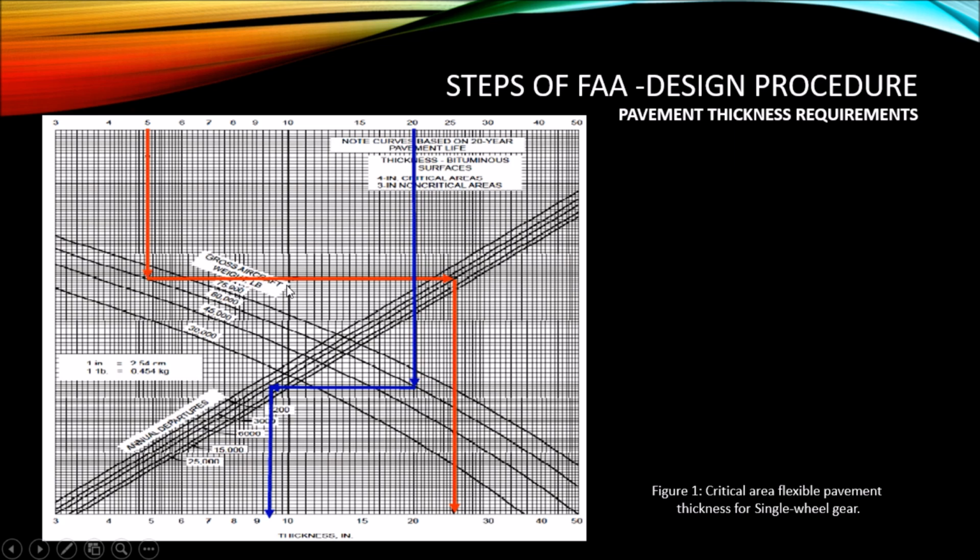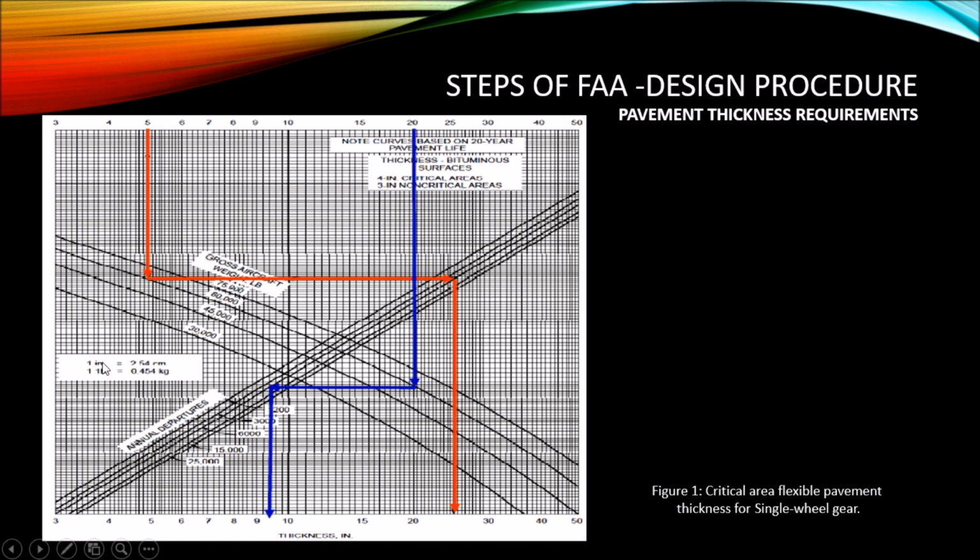For the gross weight of the aircraft in pounds, here we have 75,000, 60,000, 45,000, and 30,000. Also note here, it is said that 1 inch is equal to 2.54 cm and 1 pound is equal to 0.45 kg.